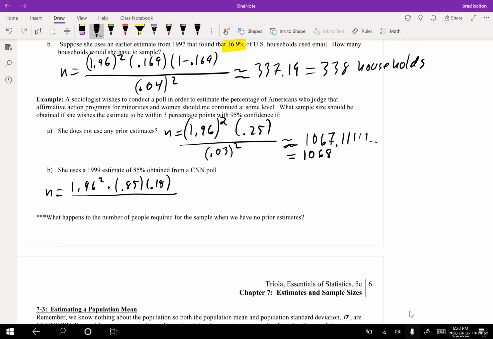And we still divide by 0.03 squared. So 1.96 squared times 0.85 times 0.15 divided by 0.03 squared. And I get 544.23, but we know that we're going to take 545 as our sample size.